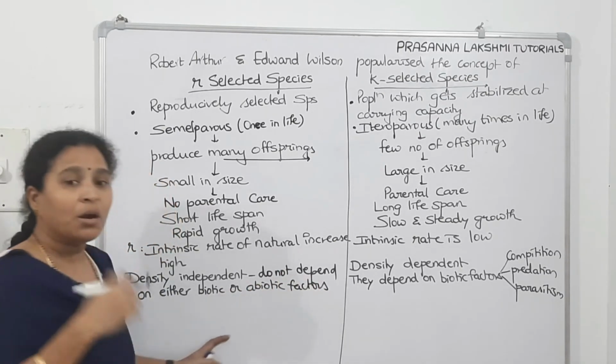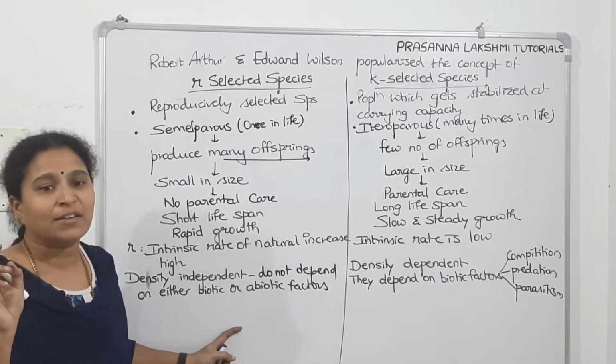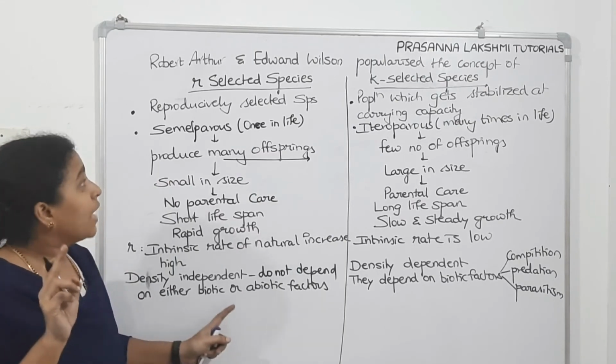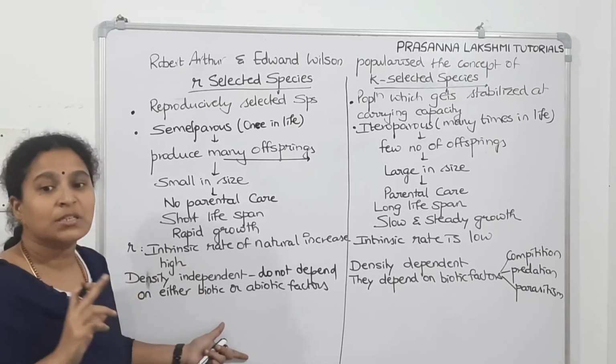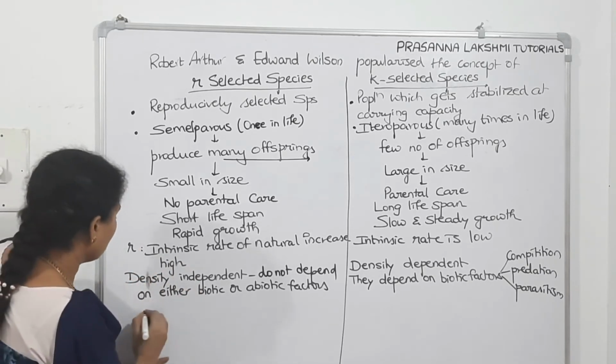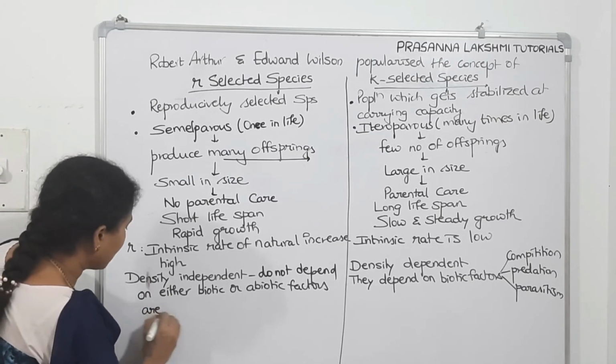That is why the R selected species are called opportunists and K selected species are called competitors. So the R selected species are called, what are they called?